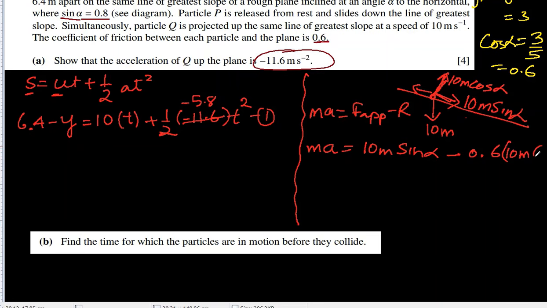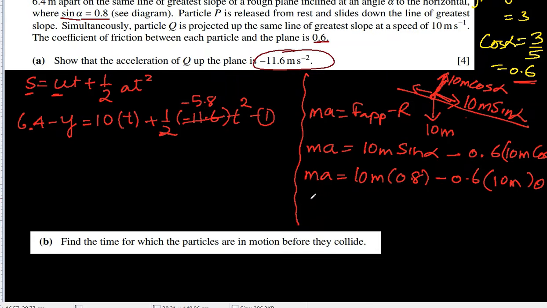So ma is ma, 10m is 10m, sine alpha is known to us, 0.8, minus 0.6 times 10m, and cos alpha is also known to us now, 0.6. That's what we found in the previous part.